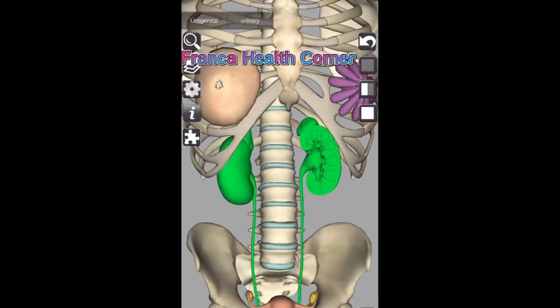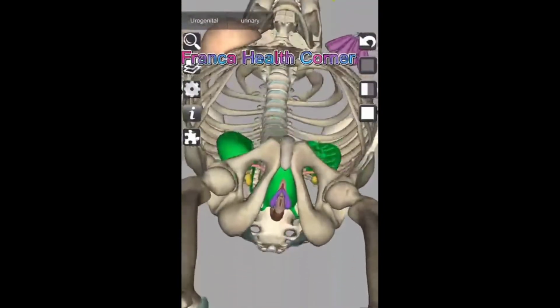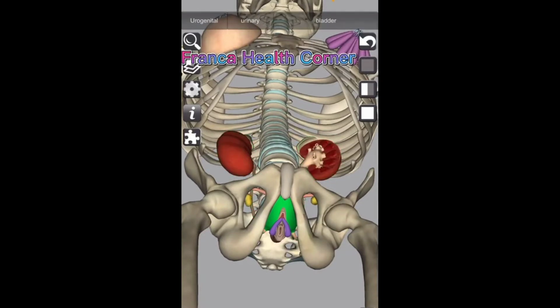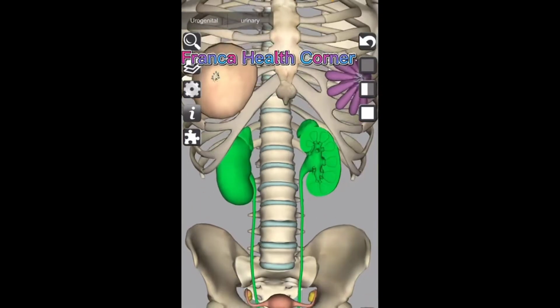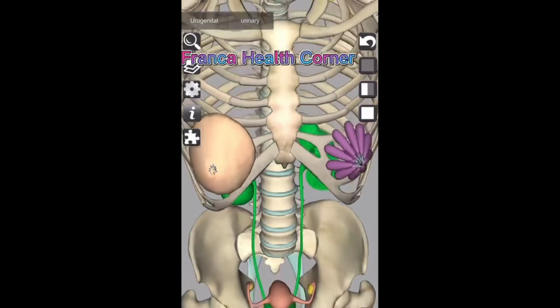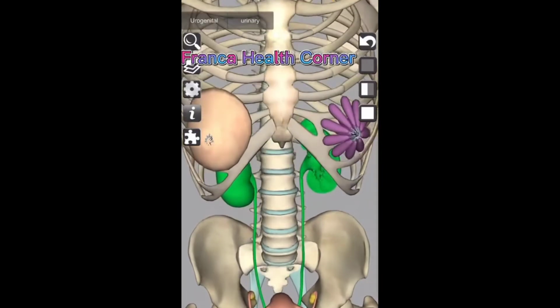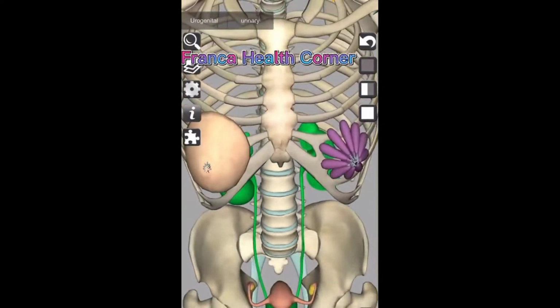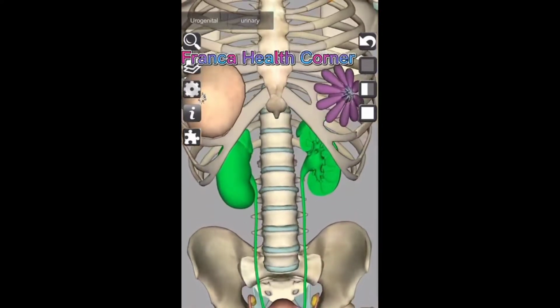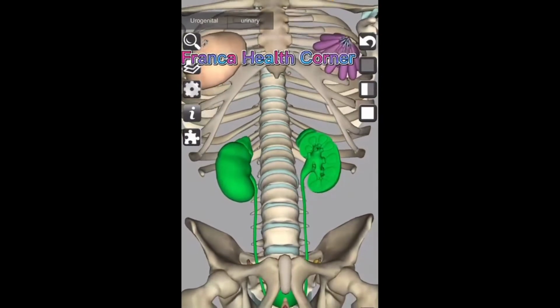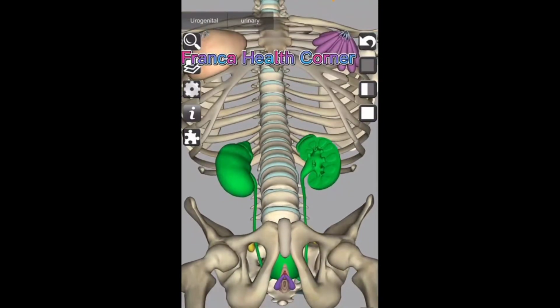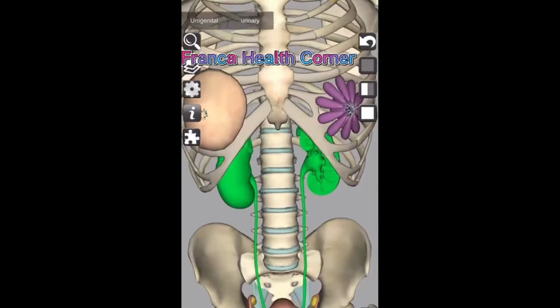So for females, this is the kidneys down. This is your womb resting on the bladder. So you can see this is the whole female private part. You can see how close to the bladder it is.